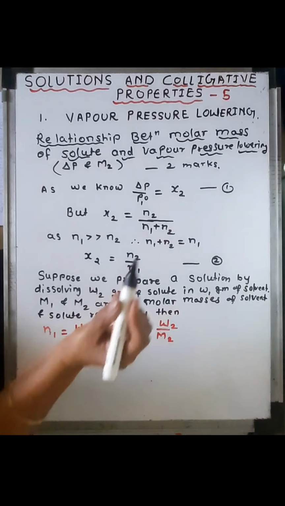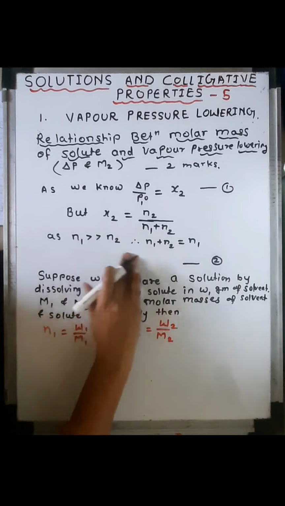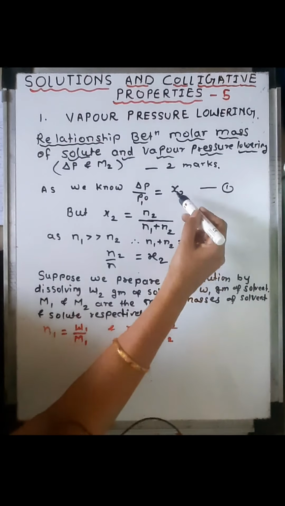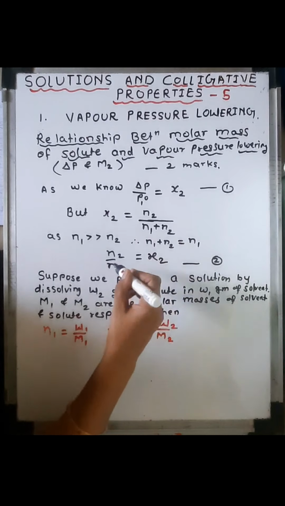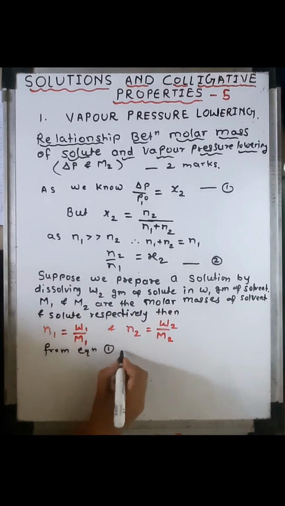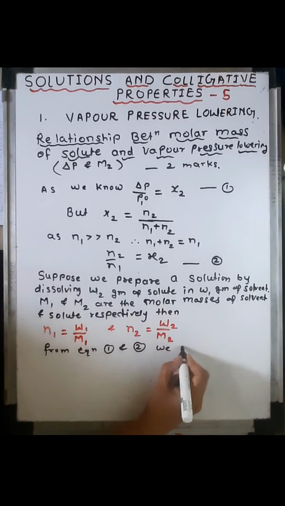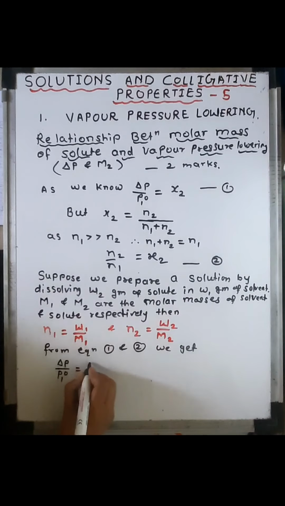And from equation 1 and 2, N2 upon N1 is equal to X2. In equation 1 and equation 2, the RHS are equal, so we can write that the LHS are equal. So from equation 1 and 2, we get delta P upon P1° is equal to N2 upon N1.